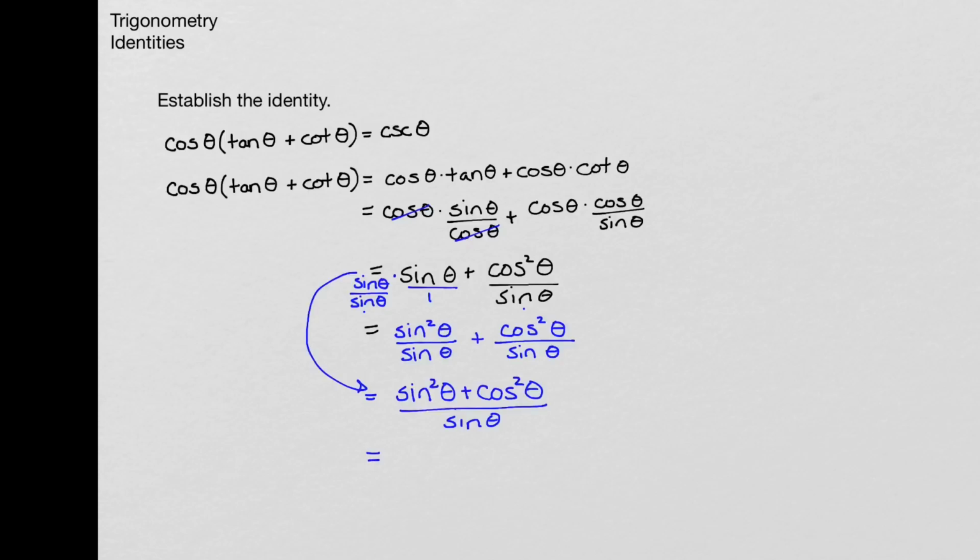Well, at this point, I can use my Pythagorean identity to combine together sine squared theta plus cosine squared theta, and we know that that's just equal to 1 itself, so that's 1 over sine theta. And now I can use my reciprocal identity to say, well, this is equal to cosecant theta. And there you go. Final answer.